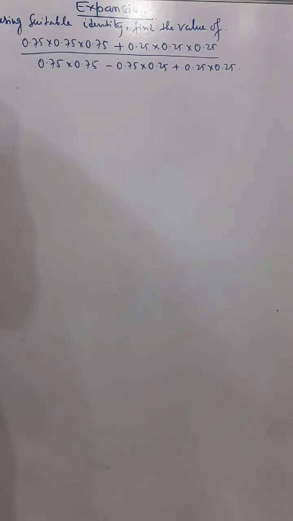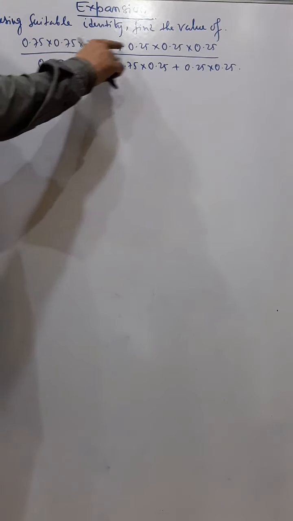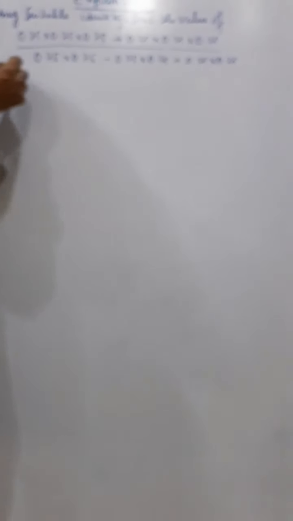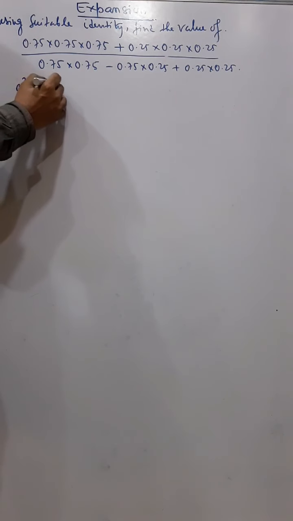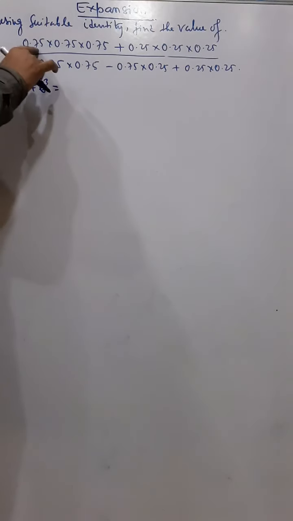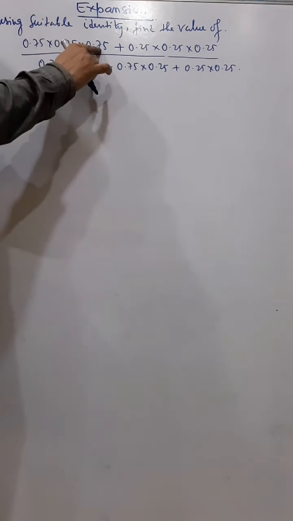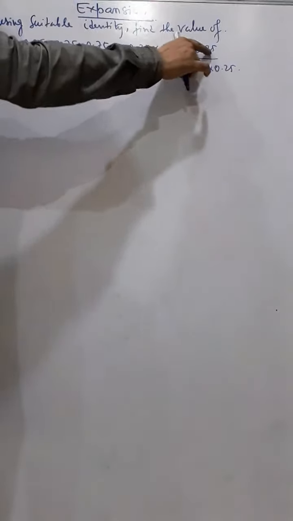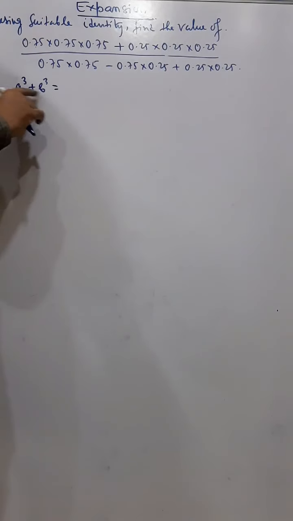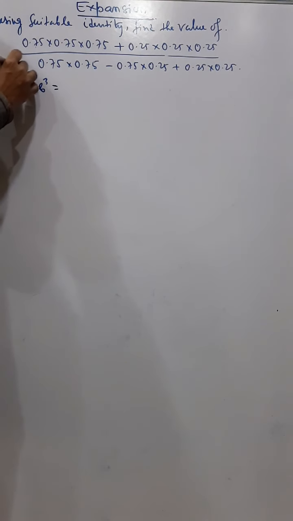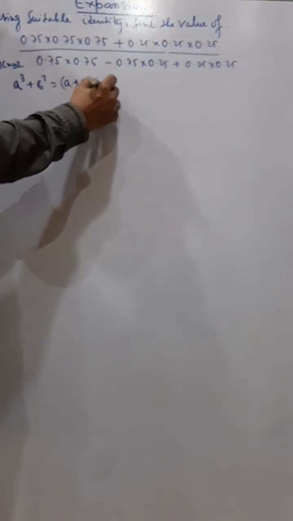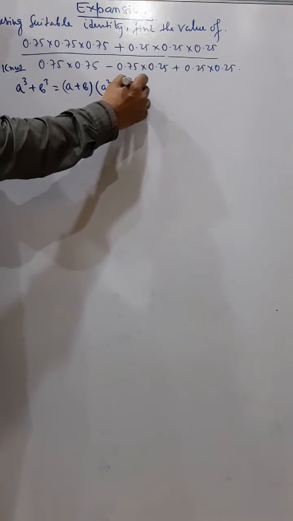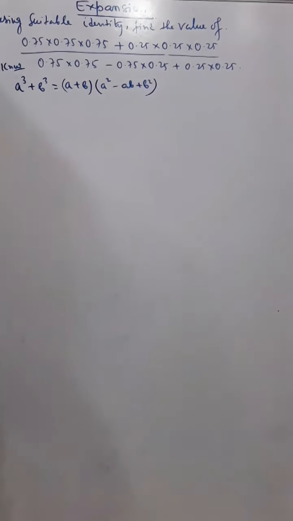Now in this sum you can see 0.75 is multiplied 3 times, and 0.25 also 3 times. So in this case the a cube plus b cube formula will be used. So 0.75 cube and this is 0.25 cube. That's a cube plus b cube, and we know a cube plus b cube is (a plus b) into (a square minus ab plus b square).